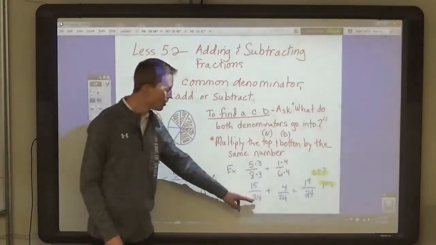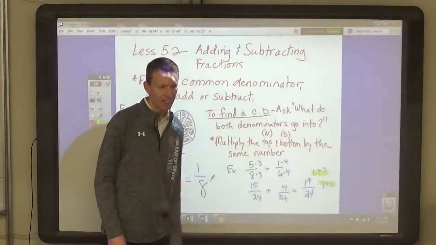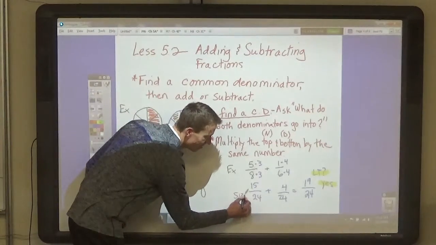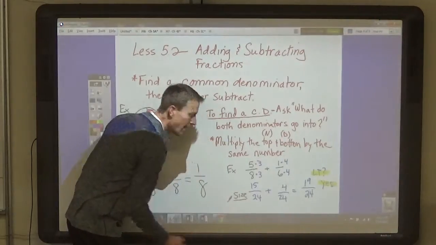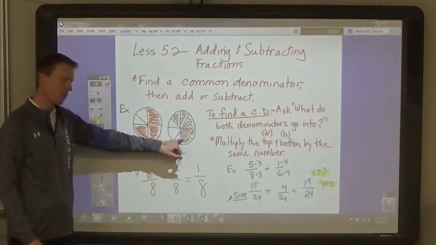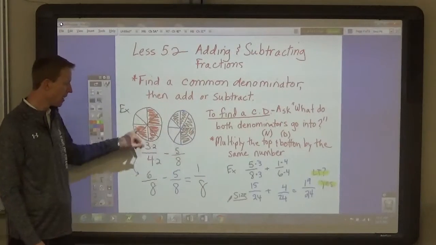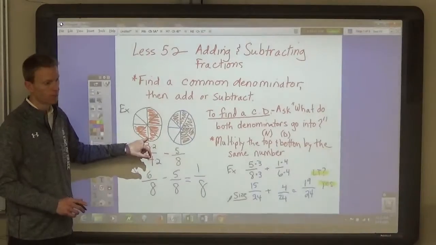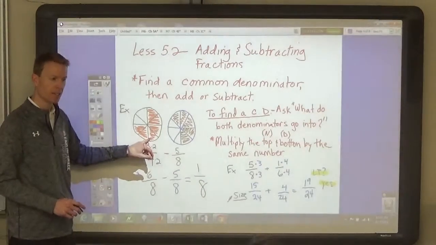The denominator just tells you the size of the pieces. These are in 24ths. This is in 8ths. Now, it was in 4ths, but we cut it into 8ths.